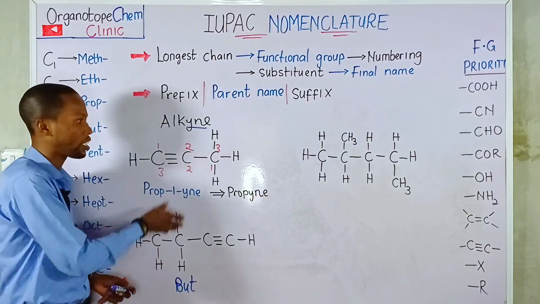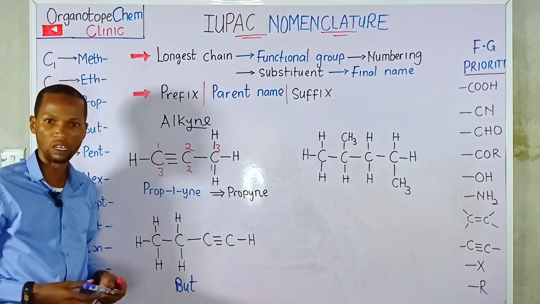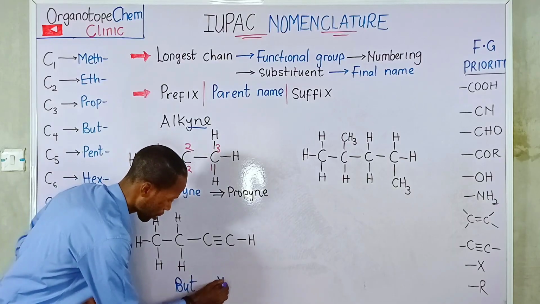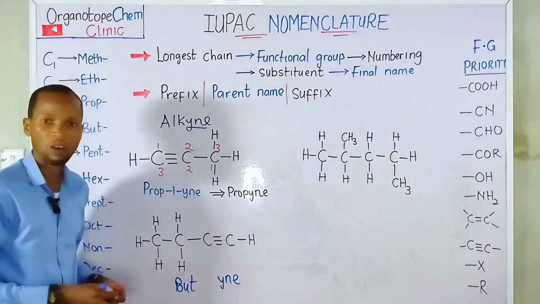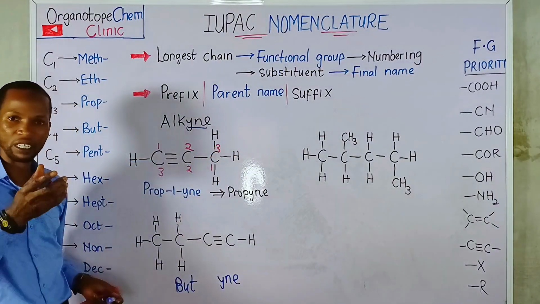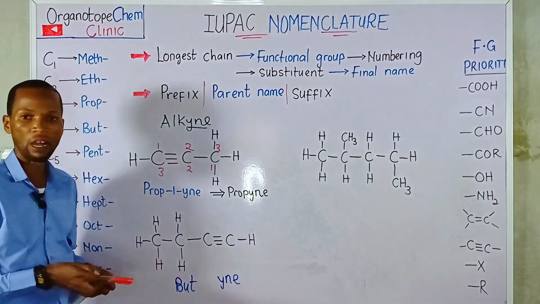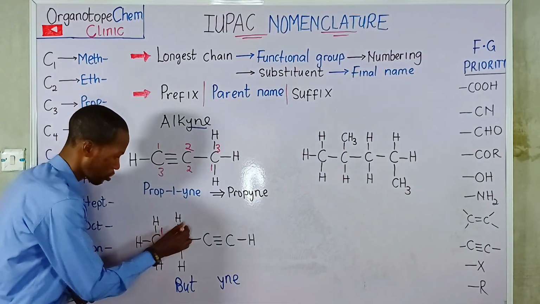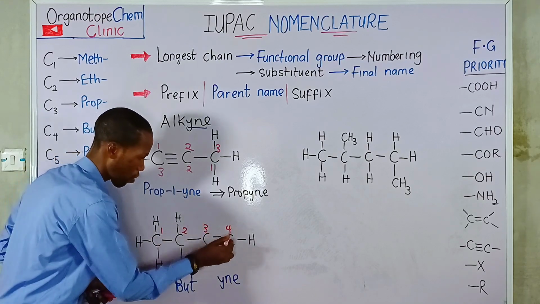Therefore, this compound is a member of the alkyne homologous series. We are going to give it the suffix name -yne. Now can we number the carbon atoms in the longest continuous chain? So we are going to consider the forward and the backward numbering. We have 1, 2, 3, 4.